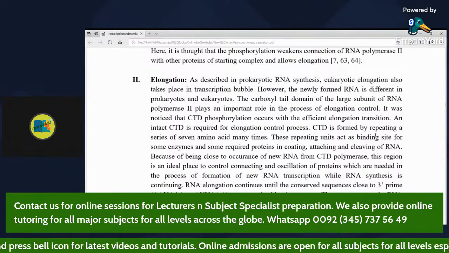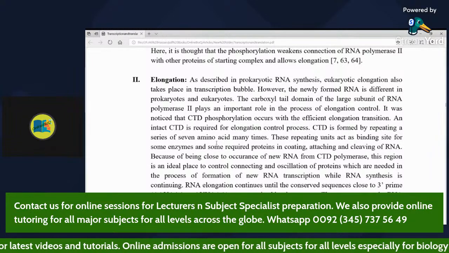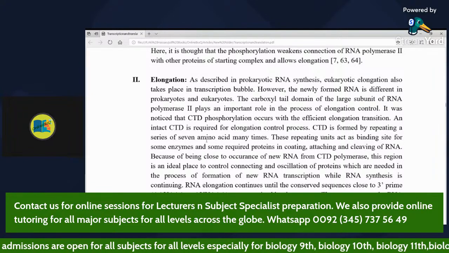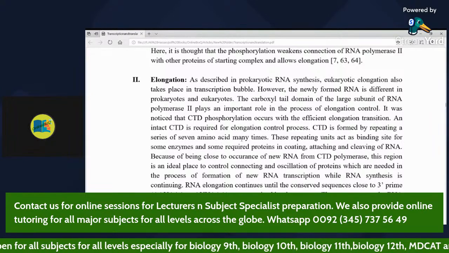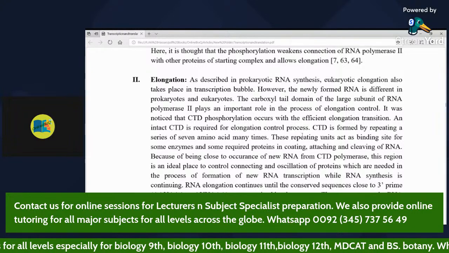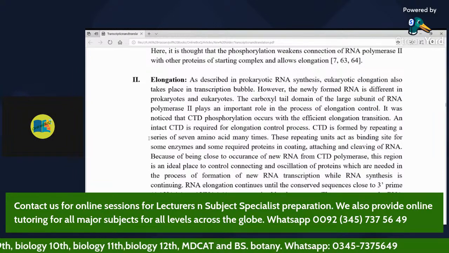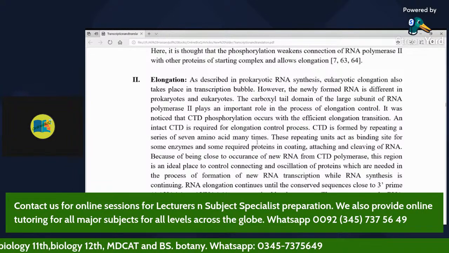CTD is formed by repeating a series of 7 amino acids many times.